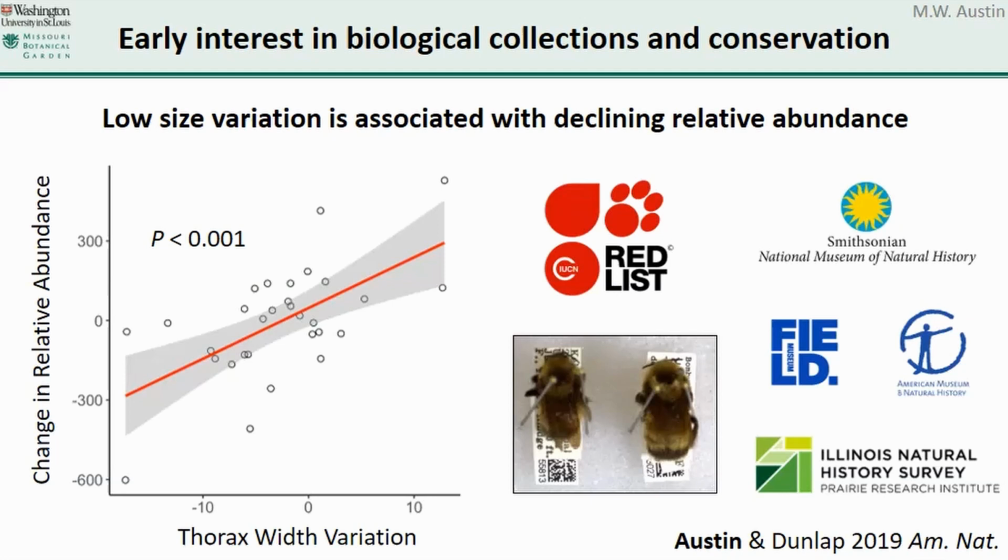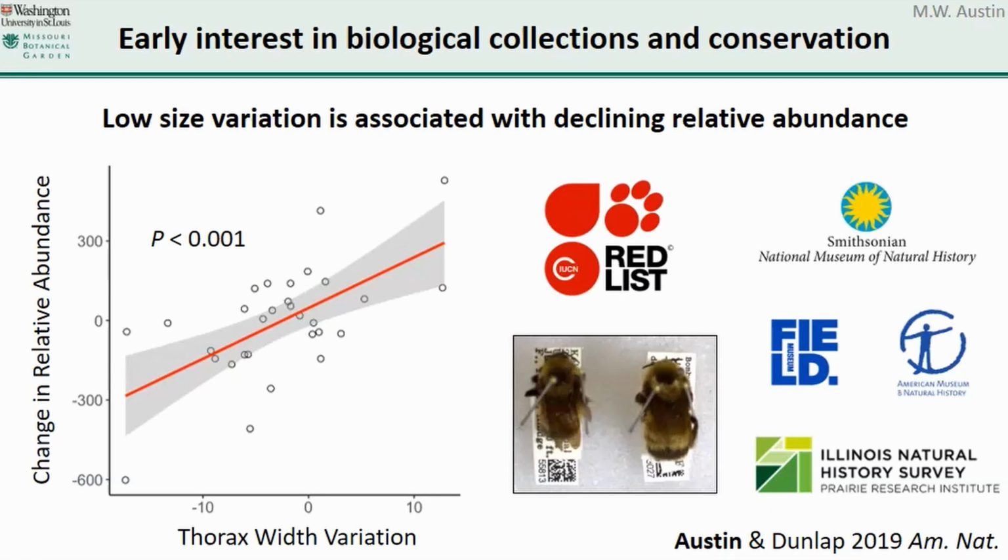For example, the first chapter of my PhD used specimen data of bumblebees from various natural history collections, where I was interested in whether trait data from entomological collections could be used to test the hypothesis that interspecific trait variation is positively associated with changes in relative abundance across the past century.